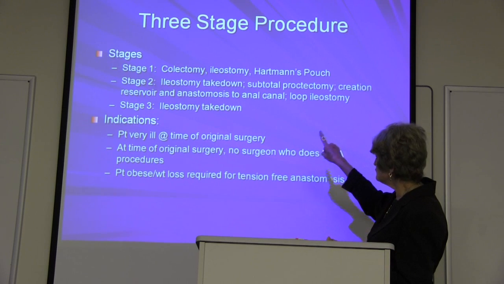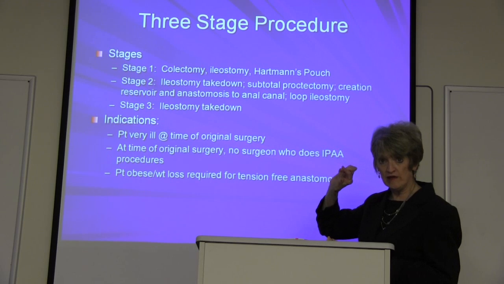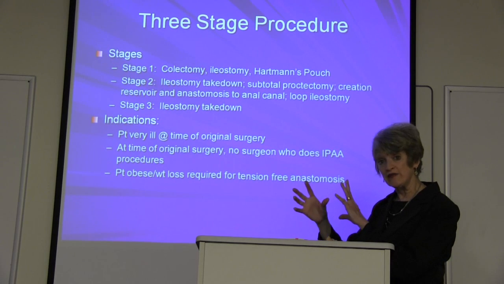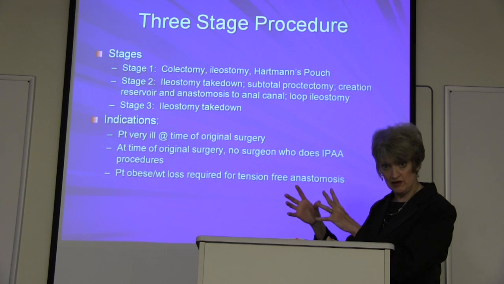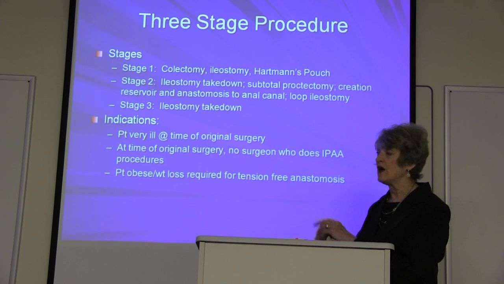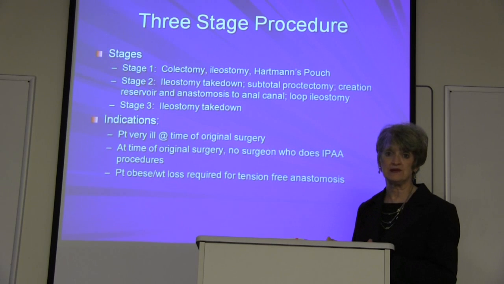They remove most of the rectum down to that rectal cuff. They create the reservoir out of the distal ileum. They connect the reservoir to the rectal cuff, and they do a diverting ileostomy. And then stage 3 is ileostomy takedown.